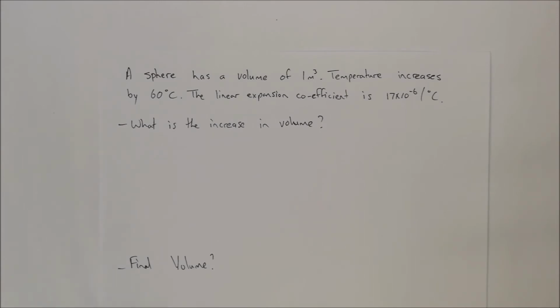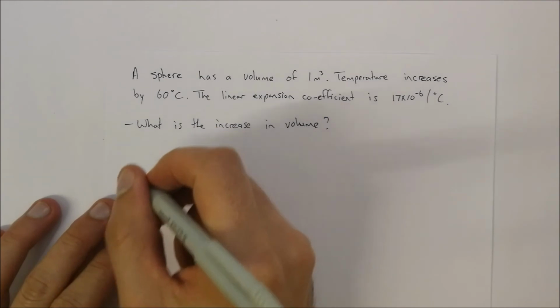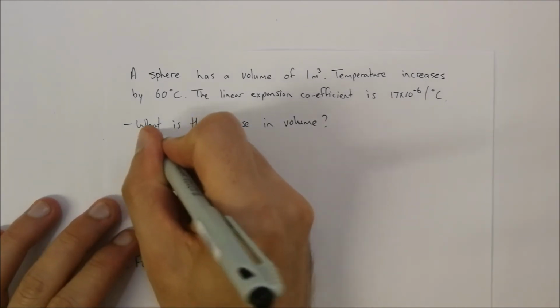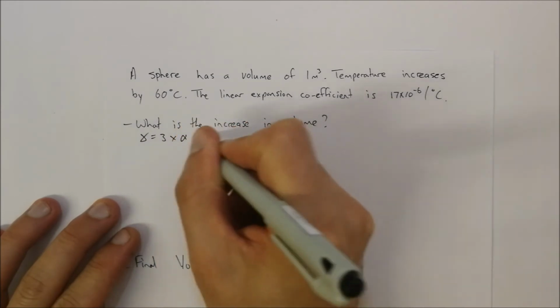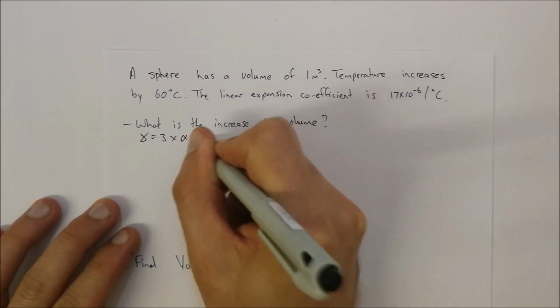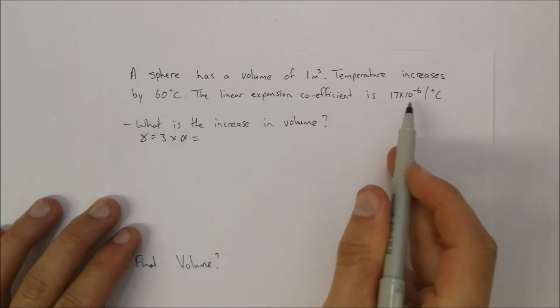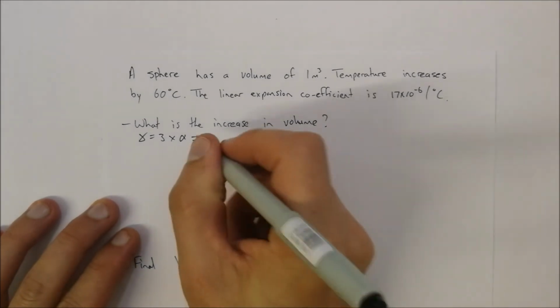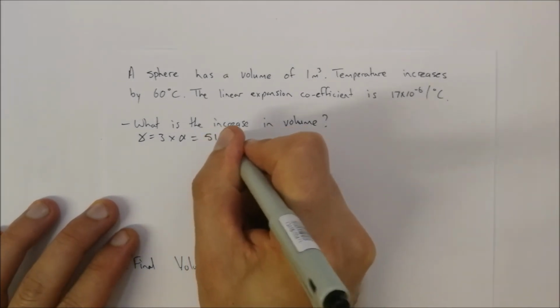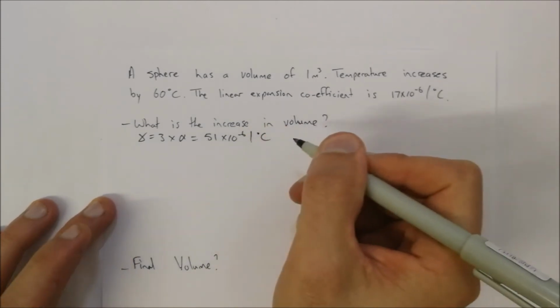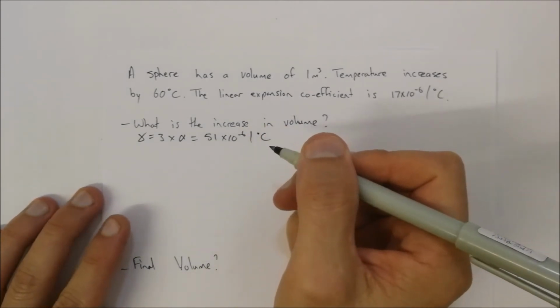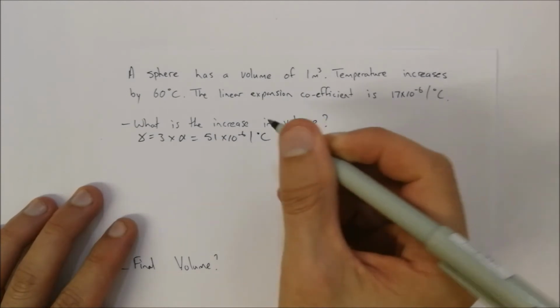Before we do that, we say gamma is equal to 3 times alpha. If we do that calculation, 3 times 17 times 10 to the minus 6, we get 51 times 10 to the minus 6 per degree Celsius. Now we've got to calculate the change in volume.